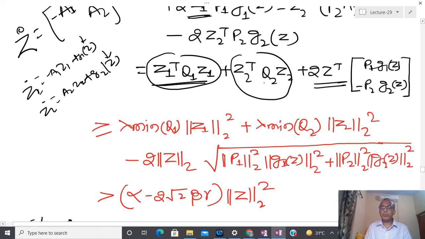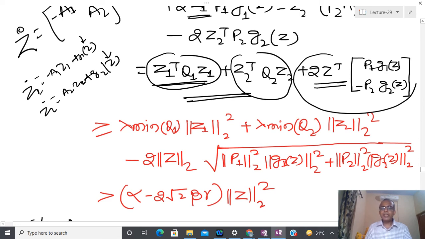So these two are positive, so V dot less than 0 provided this quantity dominates over these two quantities, because these two quantities are always positive. So whenever I do worst case analysis, I will take the negative sign here.